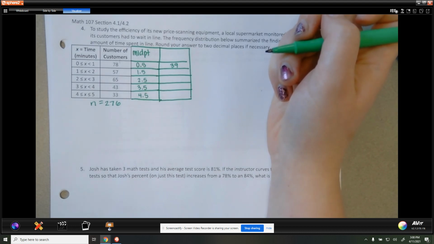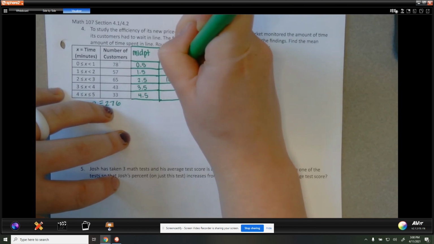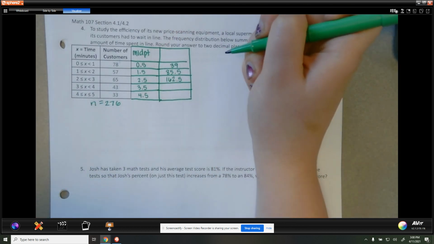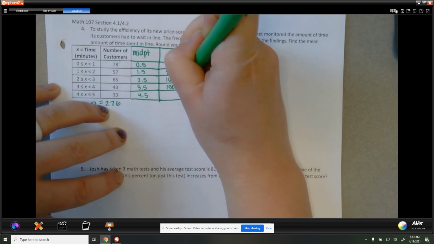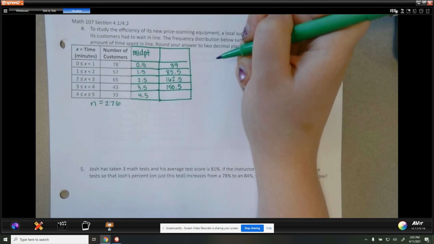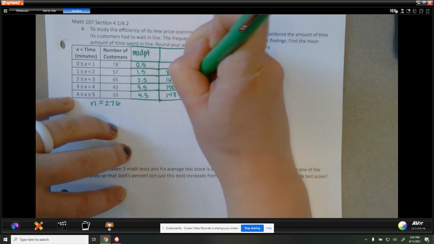1.5 times 57 is 85.5. 65 times 2.5 is 162.5. 3.5 times 43 is 150.5. And 33 times 4.5 is 148.5.